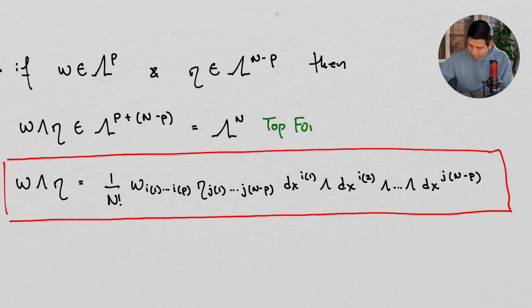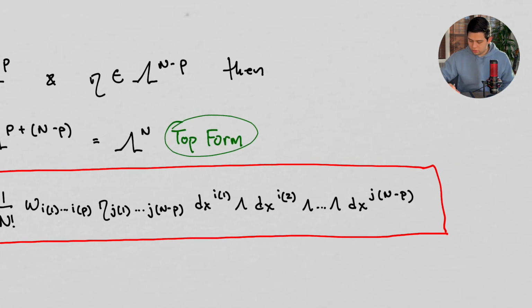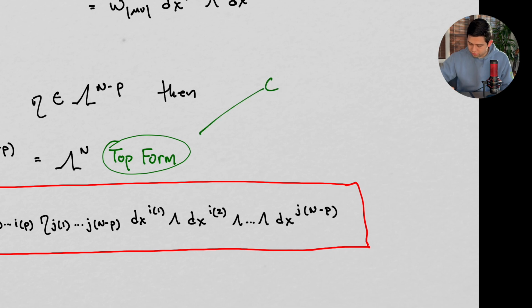This is some vocabulary that's just nice to know, because we're also going to talk about closed forms and exact forms. Top forms, closed forms, and exact forms are things that we need to know for topology reasons. So we have closed forms and exact forms, and we'll talk about these later.